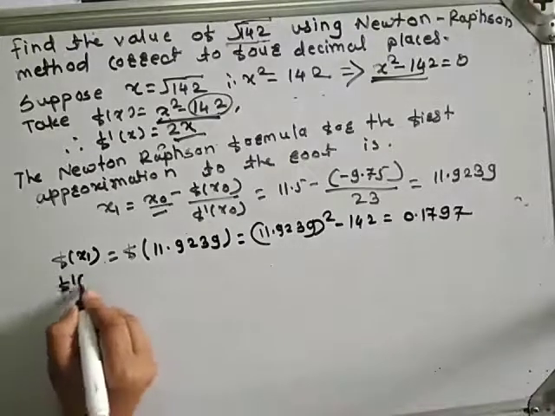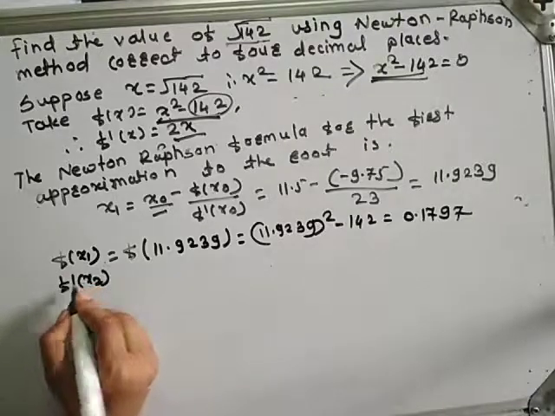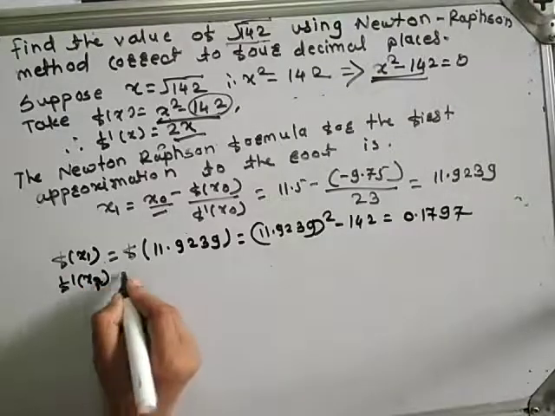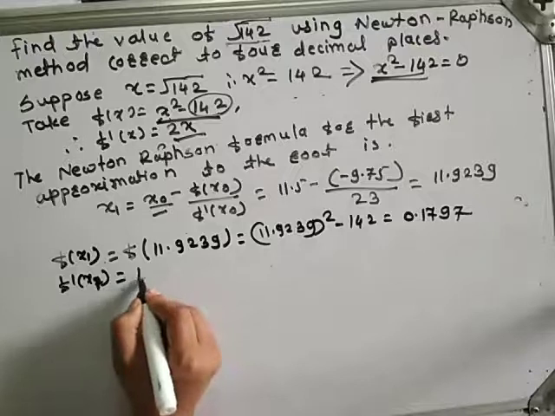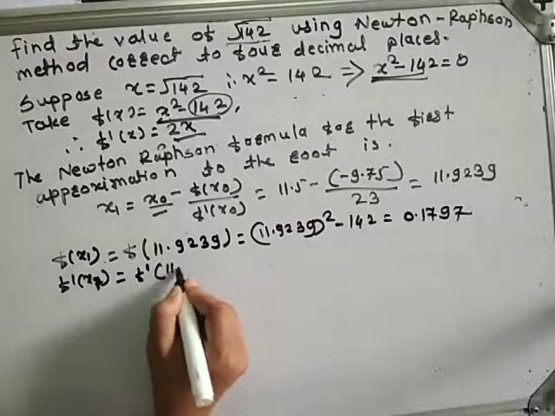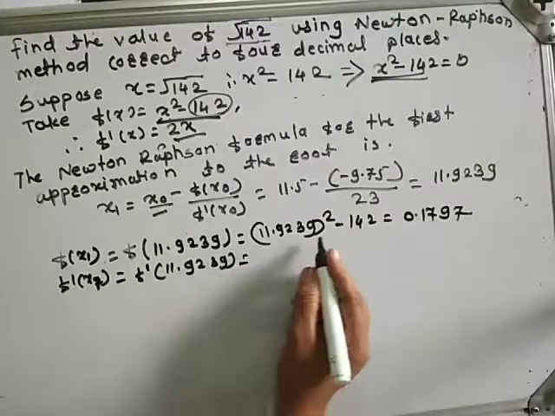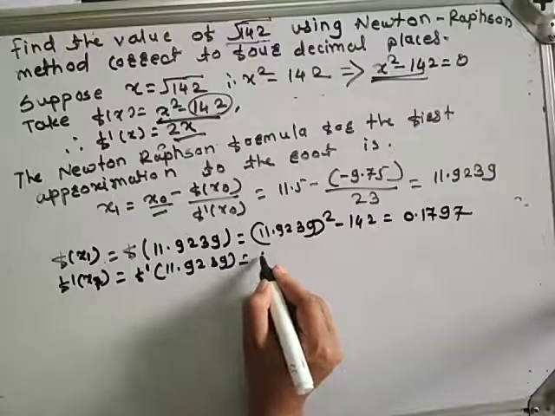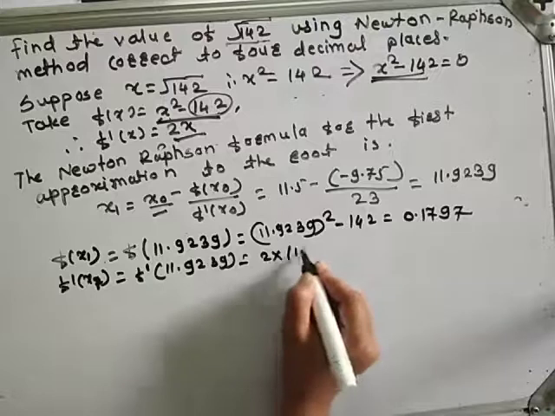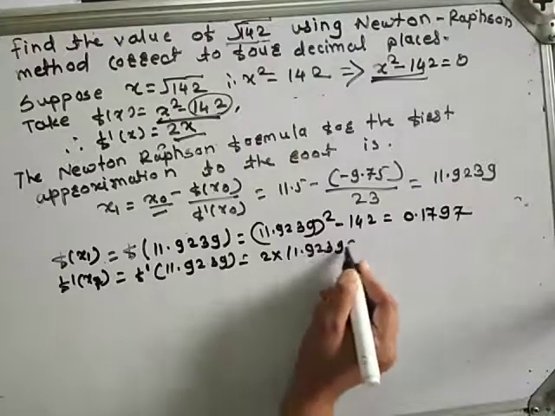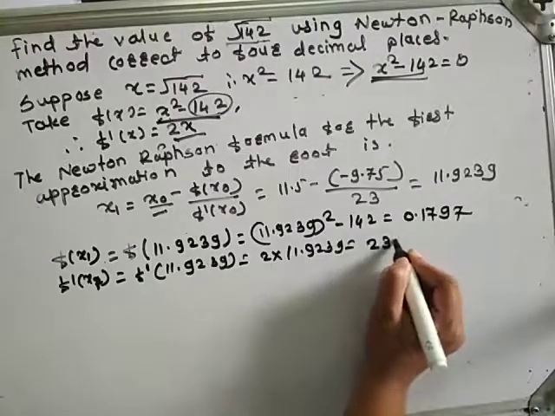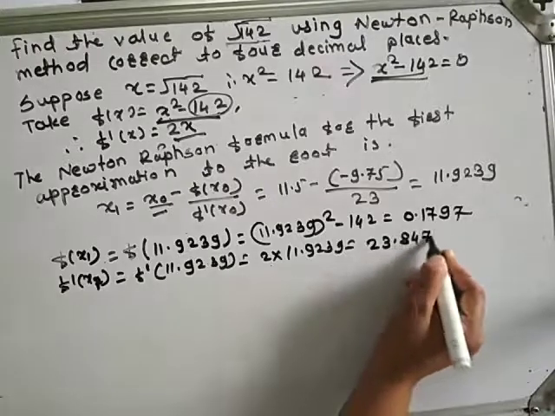Next, we have to calculate f dash of x1, which is equal to f dash of 11.9239, which is equal to 2 into 11.9239, equal to 23.8478.